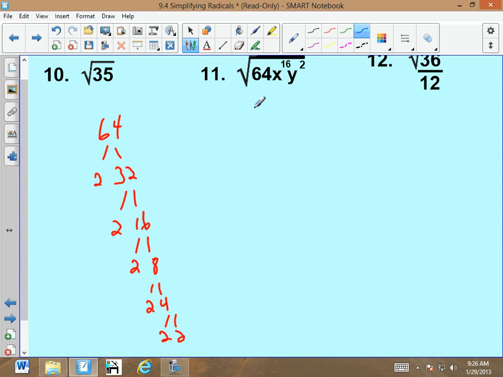So I factored all the way down as low as I could go. There's a pair of 2's, a pair of 2's, a pair of 2's. So it turns out that 64 is really 2 times 2 is 4 times 2 is 8. So 64 is a perfect square.